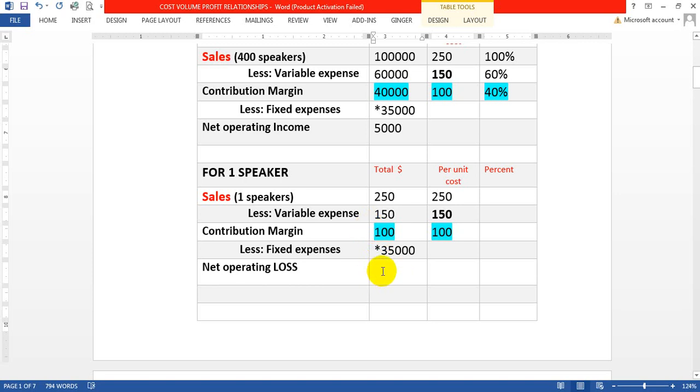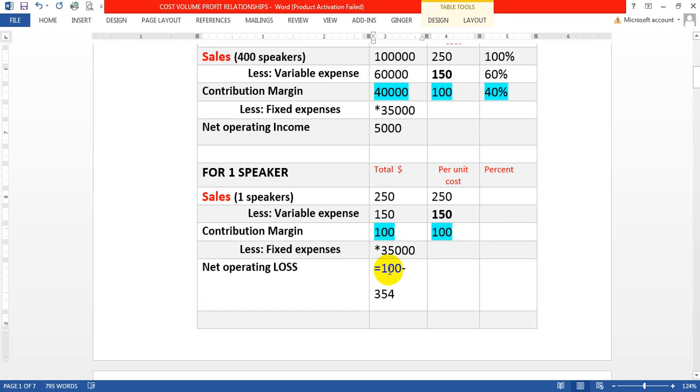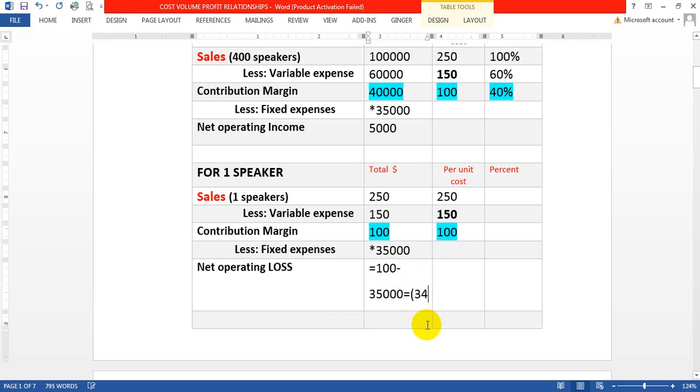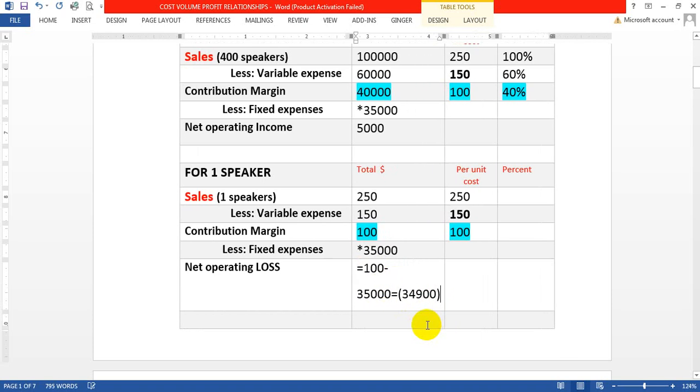So here we see the contribution minus fixed expense, right? What will we get here? We will get the loss, that is equal to 34,900, right? You can calculate it.